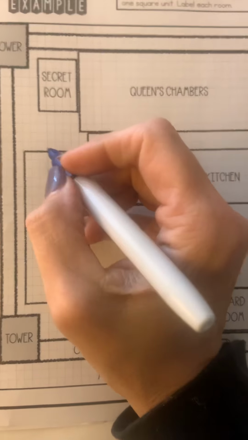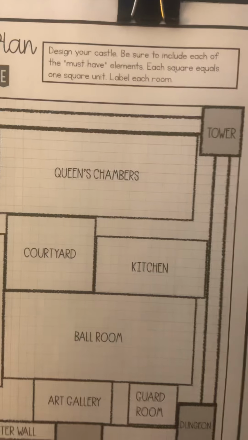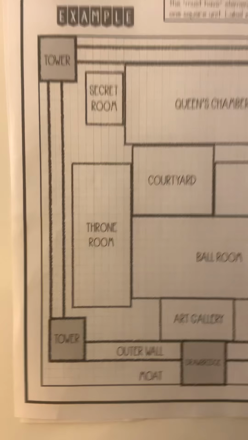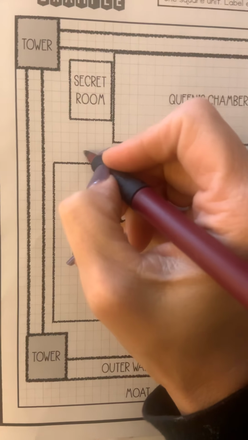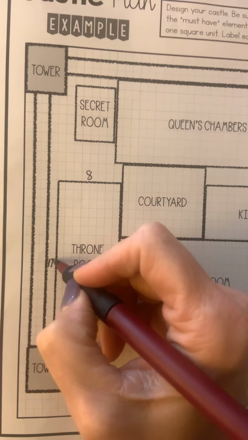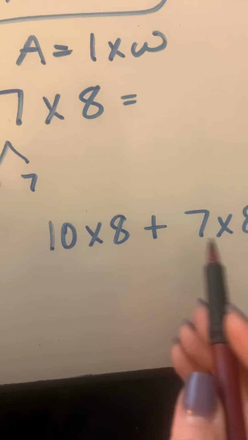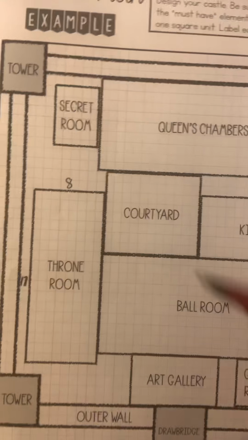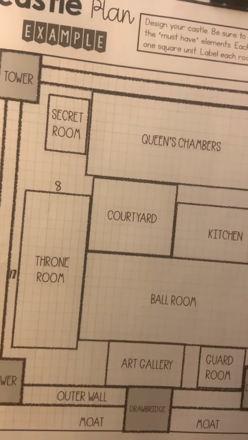Okay, so this was 8, and this was 17, right? What we've said here, if we choose to do the 10 and the 7, is that we're going to break this 17.